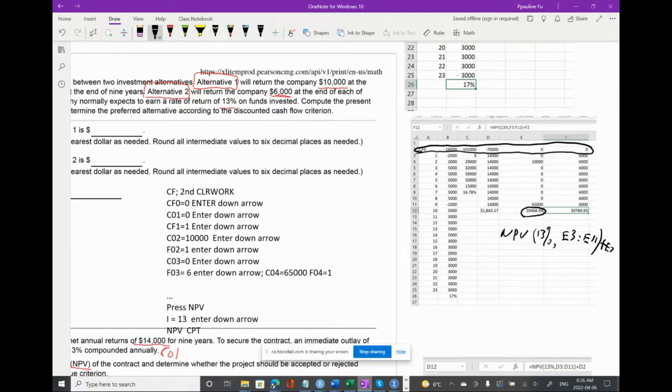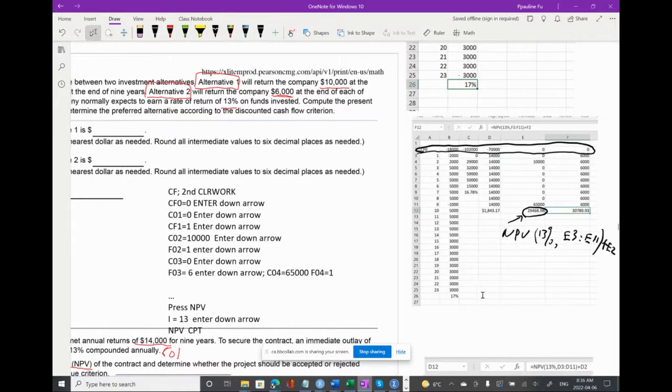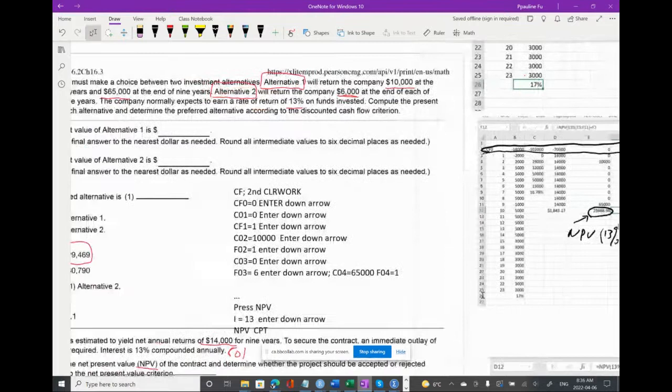You will get $29,468. So you use this formula for alternative 1.